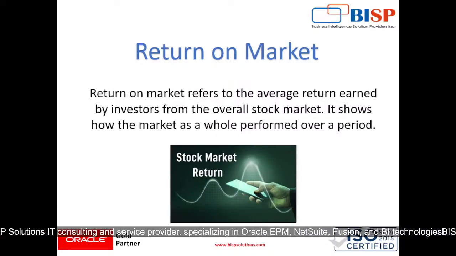It means how much profit or return investors made on average from the entire market index, such as Nifty 50 in India, Sensex in India, S&P 500 in the US. So this includes the increase in the index value, which is capital gain, and dividends paid by companies in the index. So it represents overall market performance.